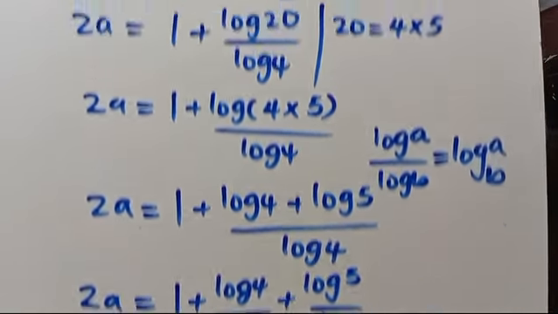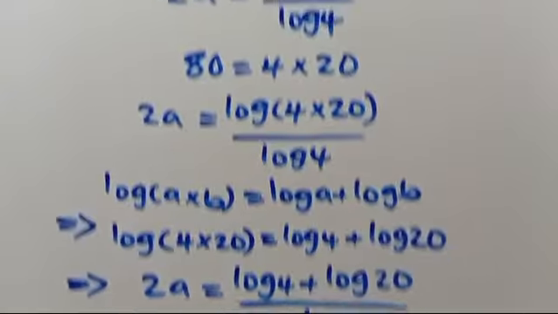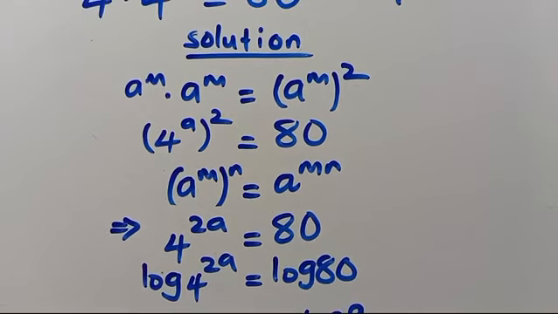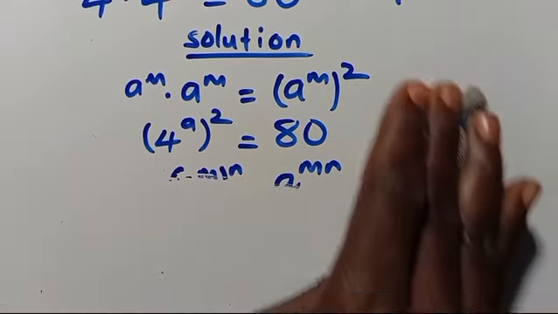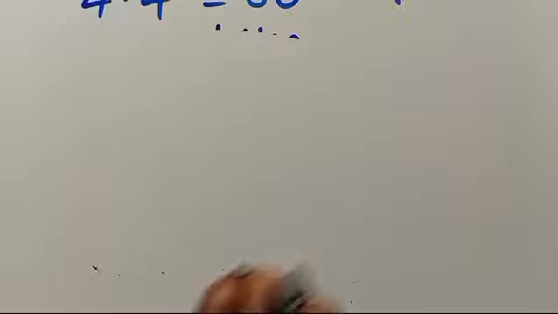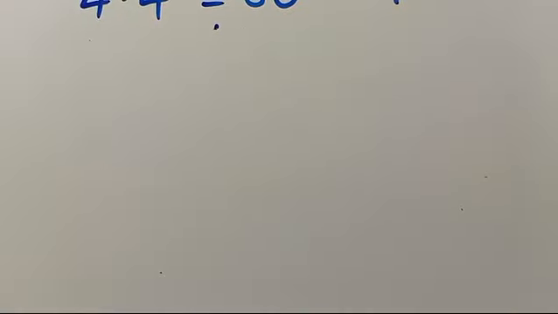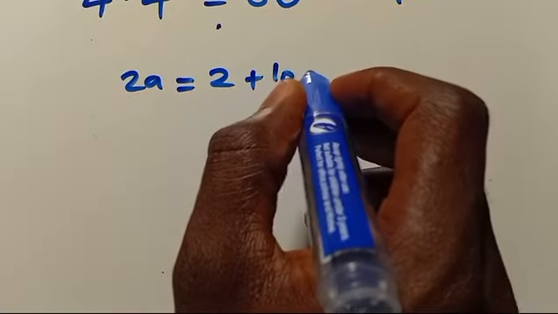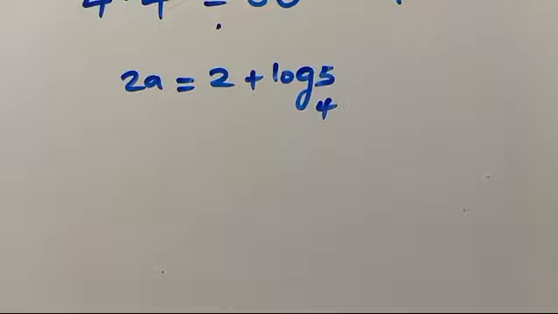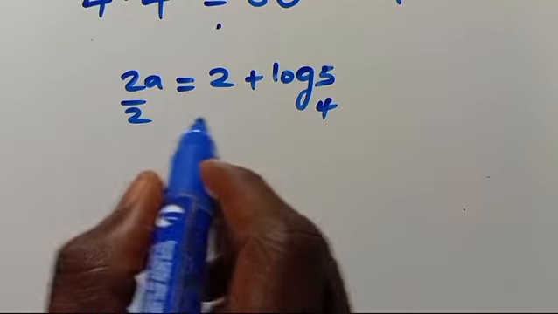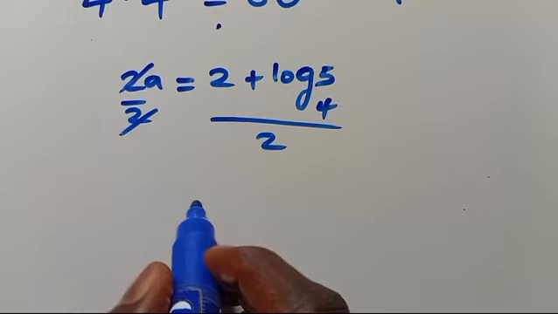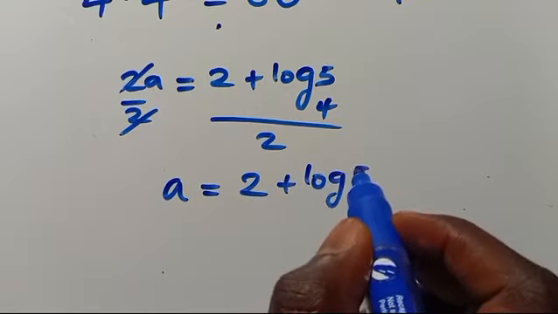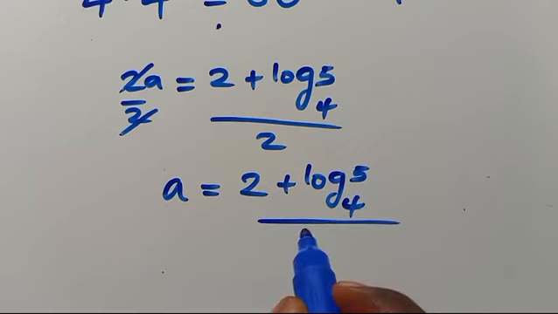So from here, 2a equals 2 plus log 5 in base 4. Dividing through by 2, a will be 2 plus log 5 in base 4 over 2.